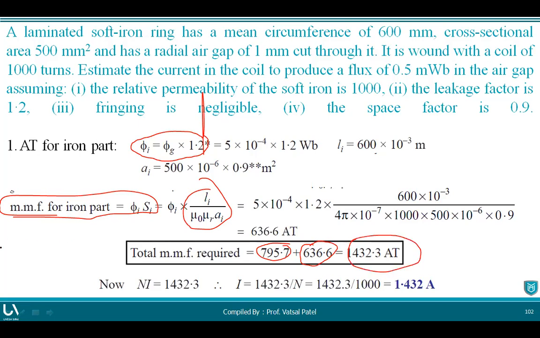From the total value you can identify the current. MMF, or AT, is equal to N into I. The number of turns is already given as 1000. So what is the value of current? 1.432 ampere. Do you understand this example? Do you have any questions here?